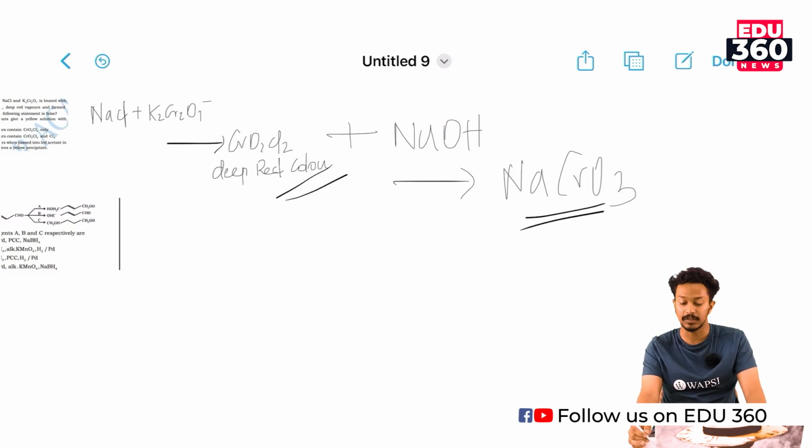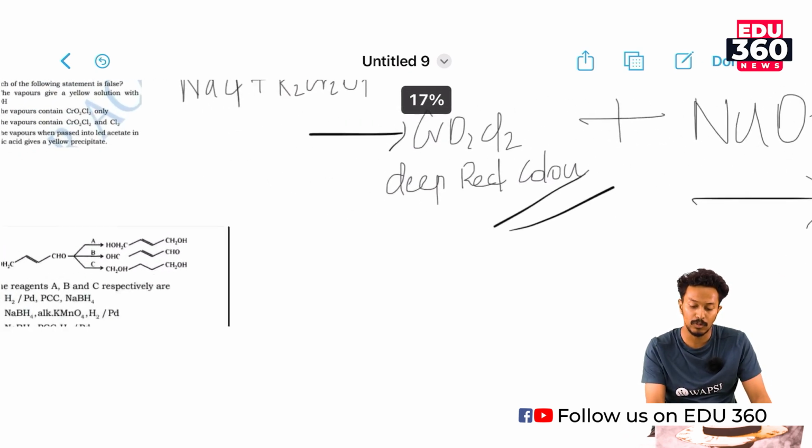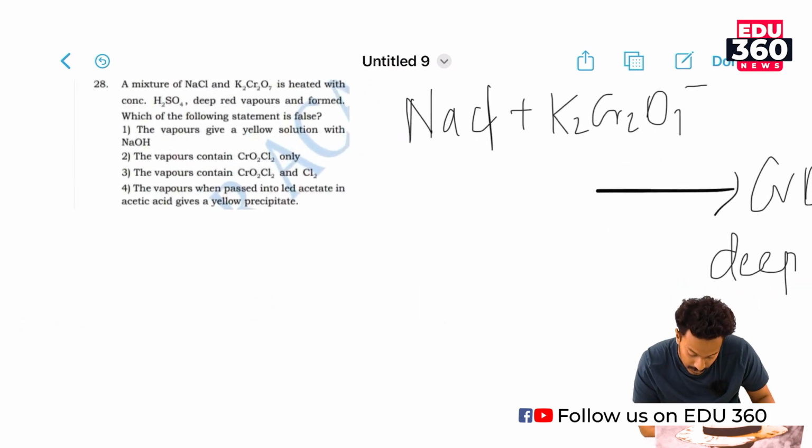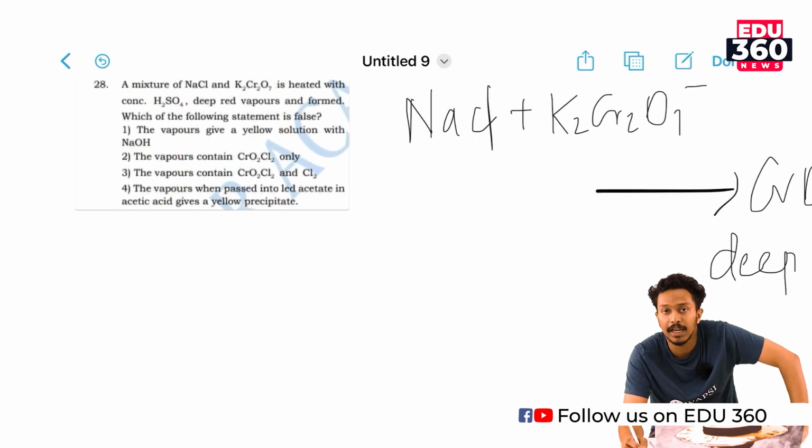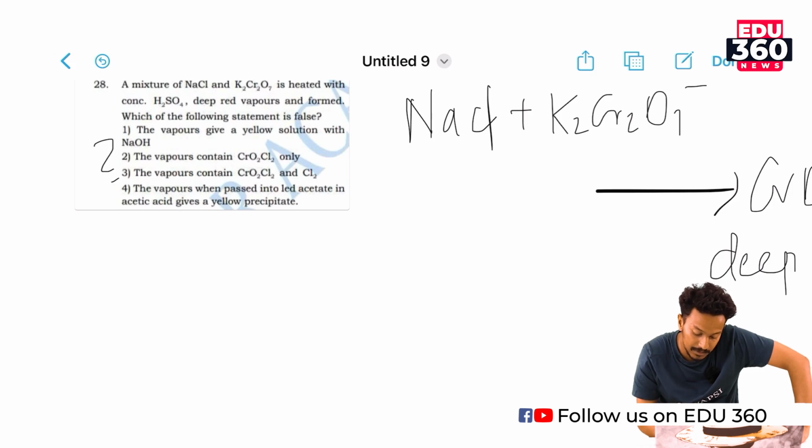This is the yellow solution found in the test tube when chromyl chloride is passed through sodium hydroxide. This is the chemical reaction for this question. We'll look at the options. The vapor gives a yellow solution with NaOH. That's right. Vapor contains CrO2Cl2 only. That might be the false one.